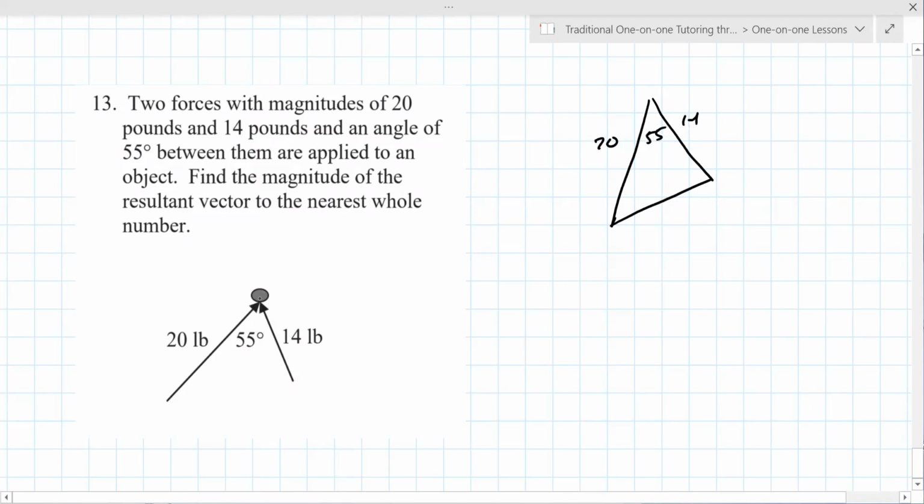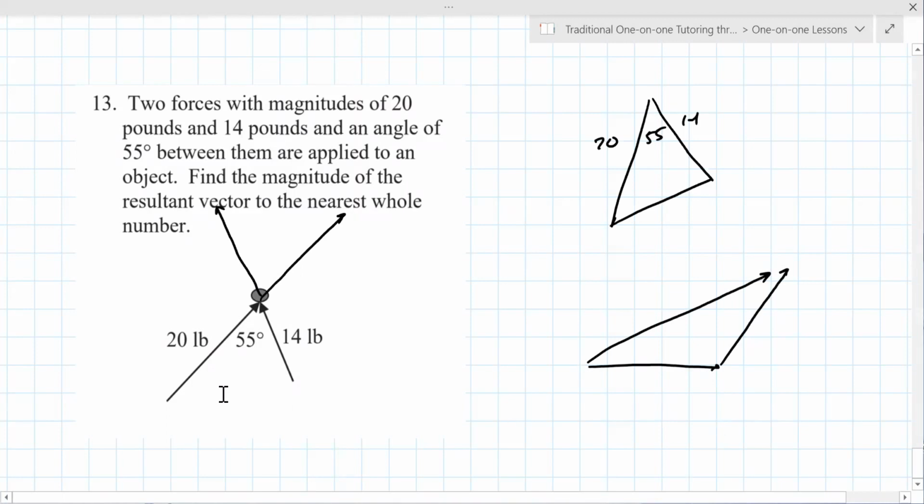Like I mentioned, you can slide them. What we did in class was make it into a parallelogram, and that works nicely if one's going that way and one's going that way. There are a few ways to do it.